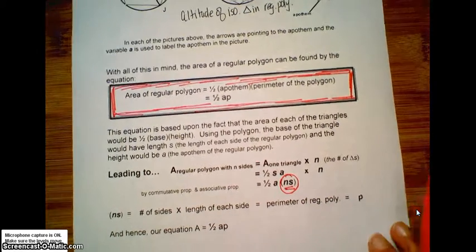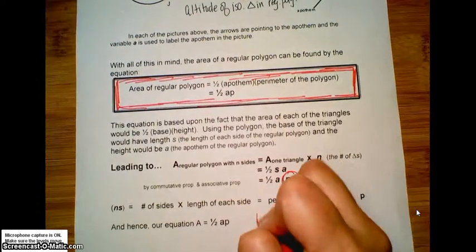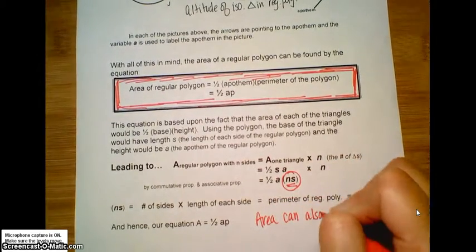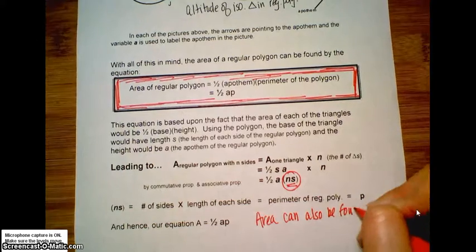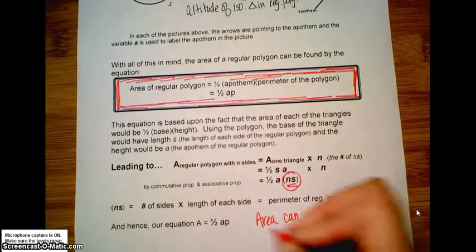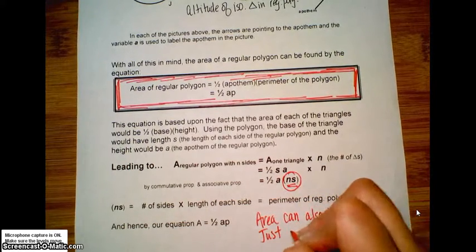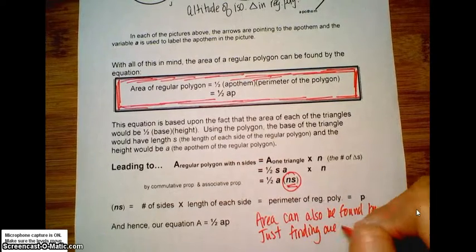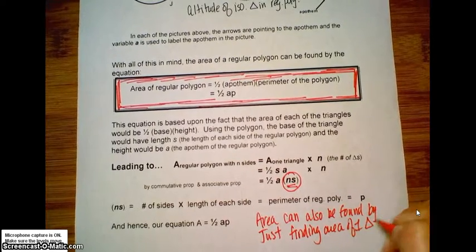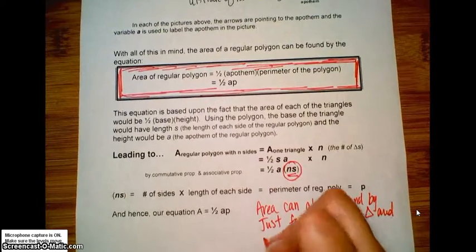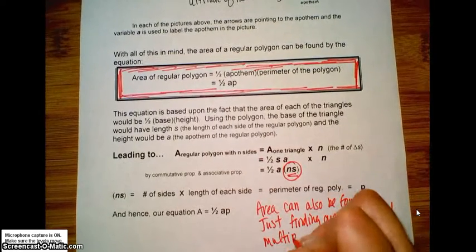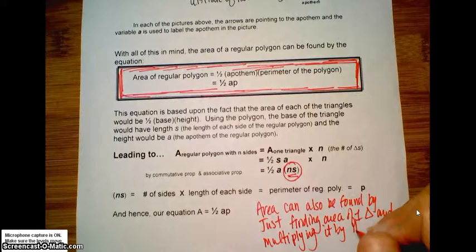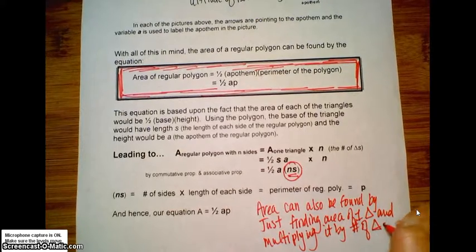What that also tells us is I can find the area by just finding the area of one triangle and multiplying it by the number of triangles.